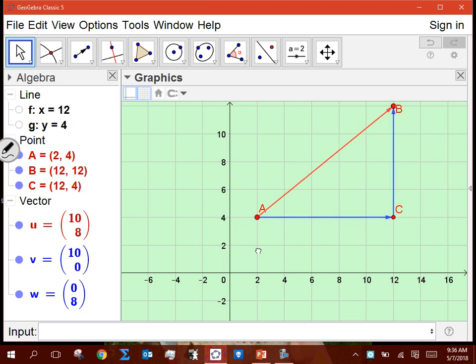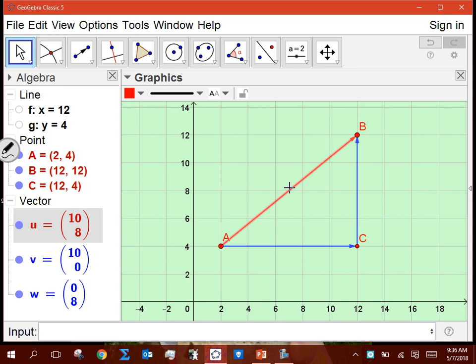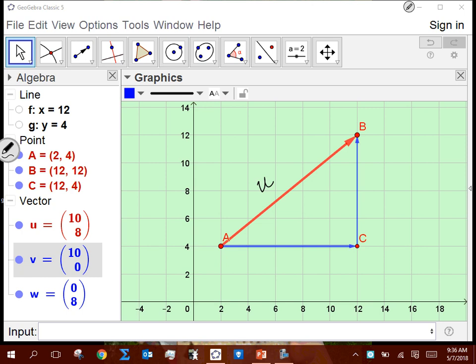When we're trying to describe algebraically what that red vector is, we do it with respect to its horizontal and vertical components. So if this is vector, let's just call it vector u, we usually call this a sub 1 and this a sub 2.